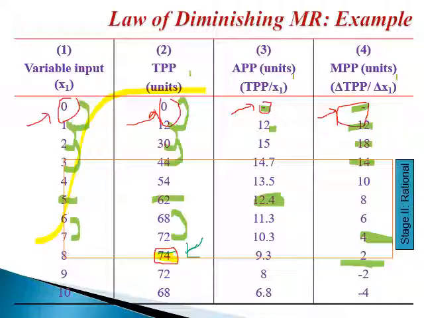This is the first point, 1 and 12, and then 2 and 18, and then 3 and 14, and then 4 and 10, and then 5 and 8, and then 6 and 6, and then 7 and 4, and then 8 and 2, and then 9 and minus 2, and then 10 and minus 4. Connect the points, and you'll see something that looks like the production function.